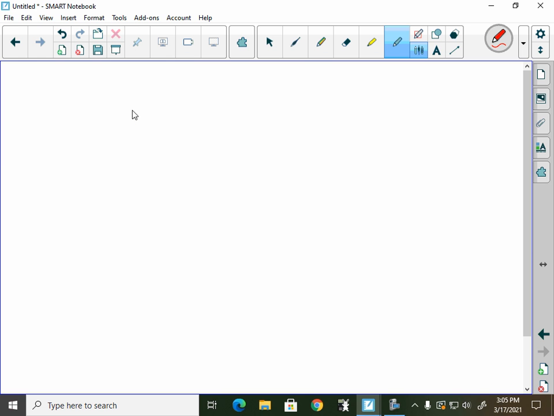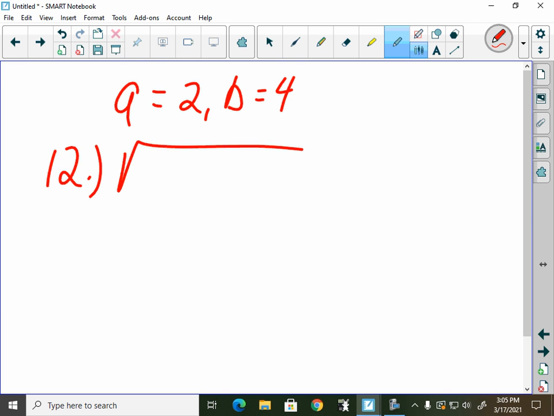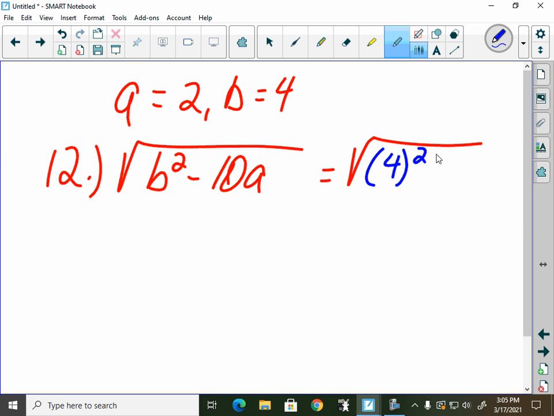12 through 14. It says let A equal 2 and B equal 4. Number 12 says, what's the square root of B squared minus 10A? You had to write that out, that would be 4 squared, I put parentheses there just because, minus 10 times 2.